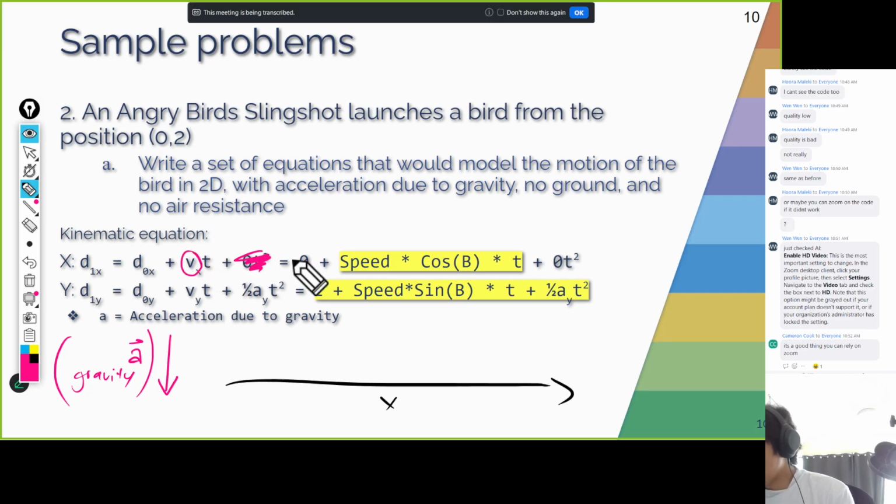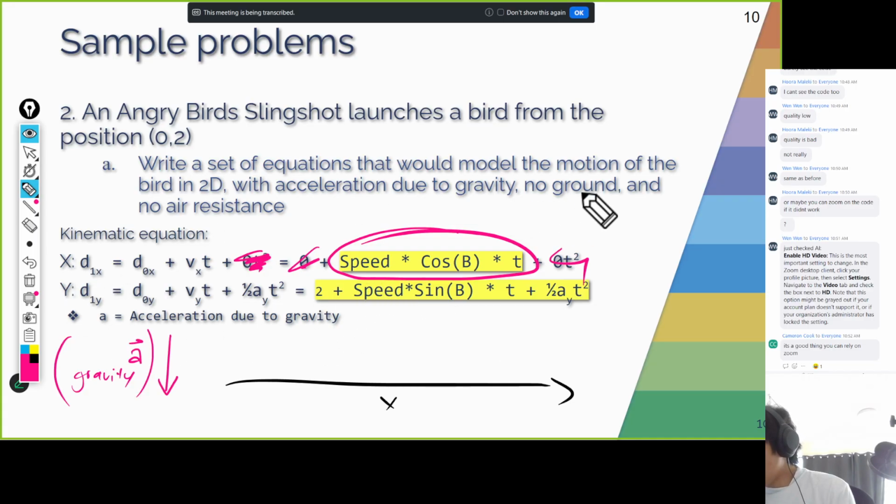We figured this out. That's vx, speed times cosine of the angle. And then there's time. Our acceleration in x was 0, so the only thing that matters is actually this. This is the whole thing that matters. The others we can ignore. Right? Cool.